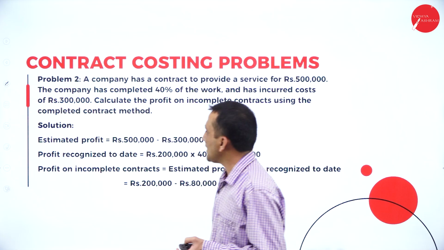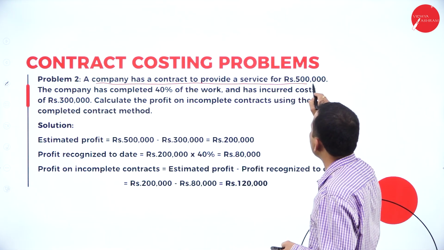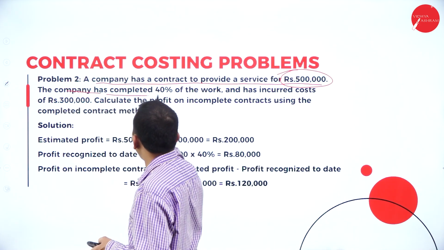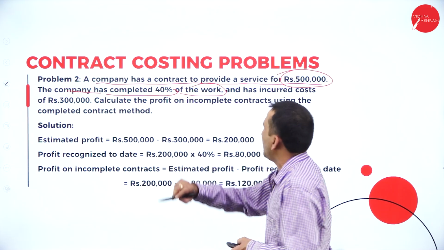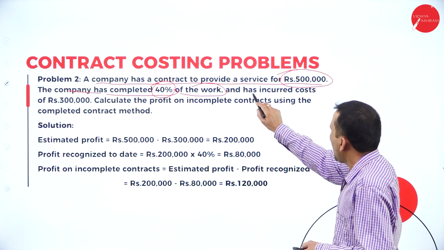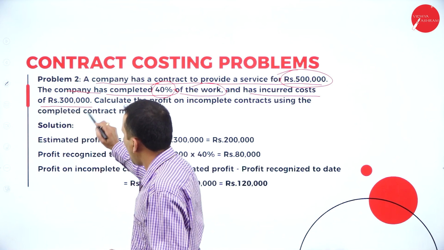So moving to the next question. A company has a contract to provide service for 5 lakhs. The company has completed 40% of the work and has incurred cost of rupees 3 lakh.